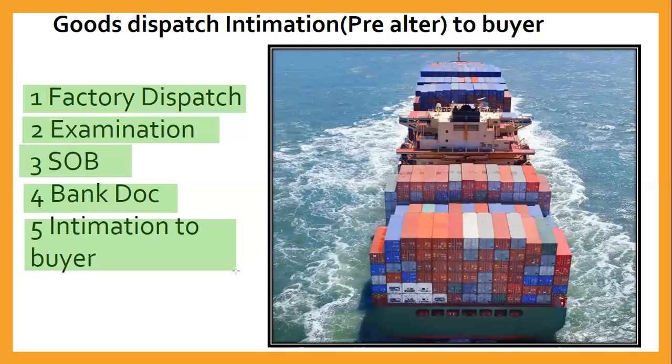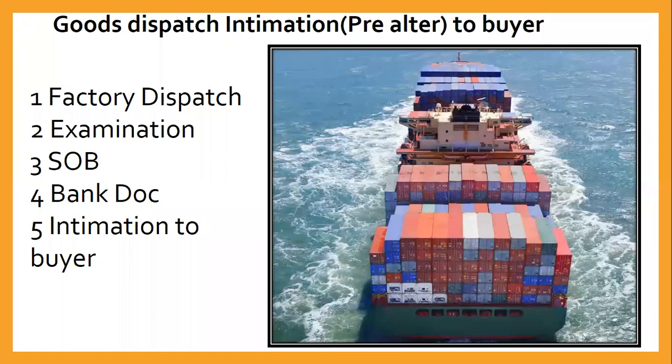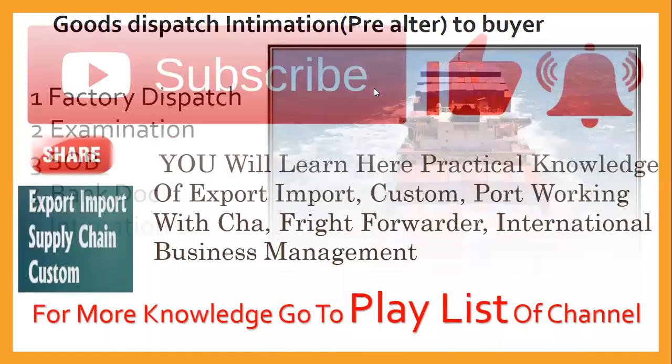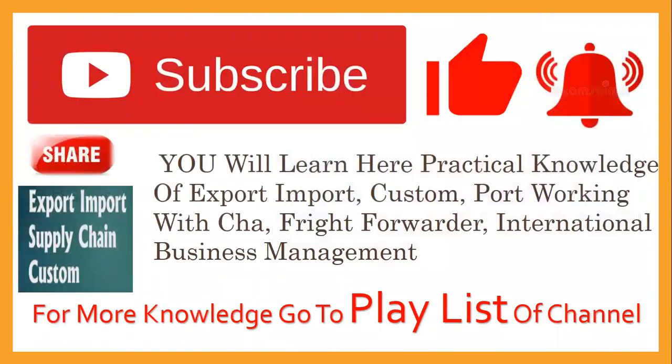Sometimes when we prepare the bill of lading, in the instructions given to the shipping line, we need to mention the email ID of the agent or importer on the bill of lading. So the shipping line also intimates the buyer.